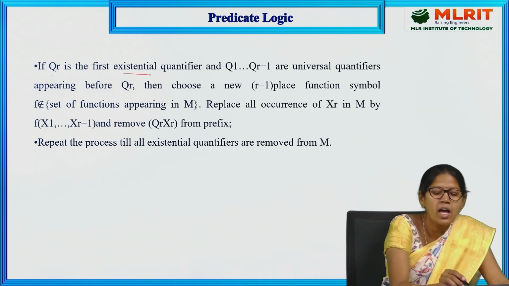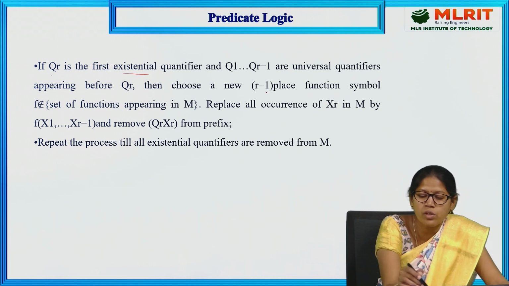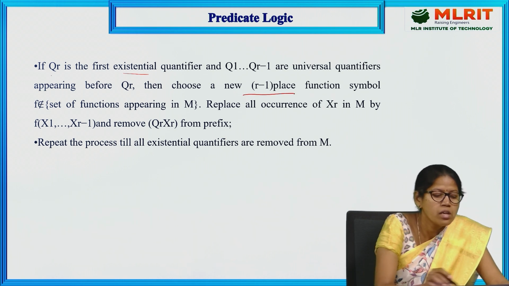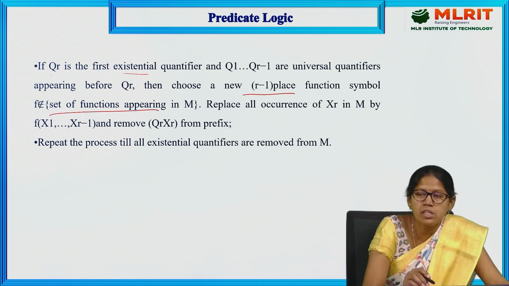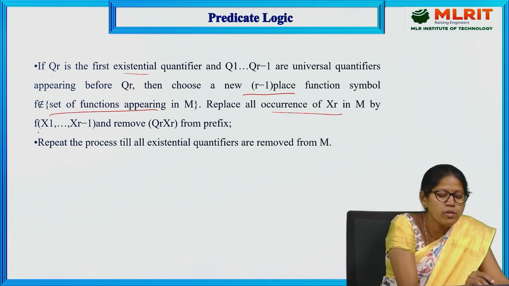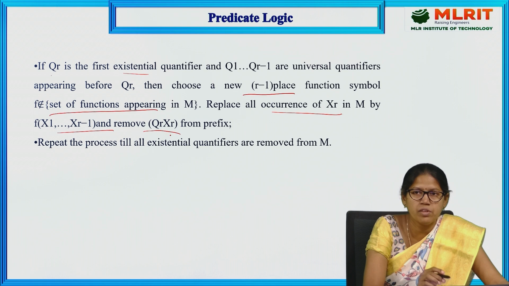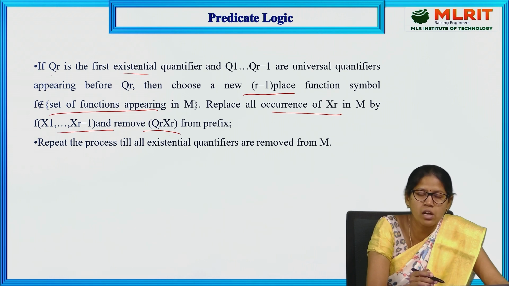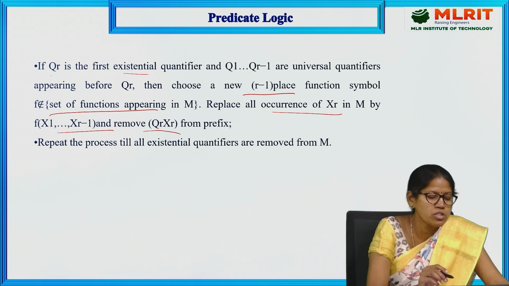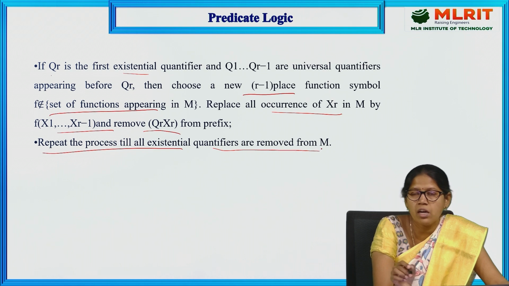If Qr is the last existential quantifier, then replace it with a function f_r minus 1 that does not belong to the set of functions appearing in M. Replace all occurrences of xr in M by f of x1 to xr minus 1. Then remove Qr and xr. If it is the first one, then it will be replaced with a constant. If it is a function, then it will be replaced with another function that does not belong to the already existing functions. Repeat the same procedure till all existential quantifiers are removed from M.